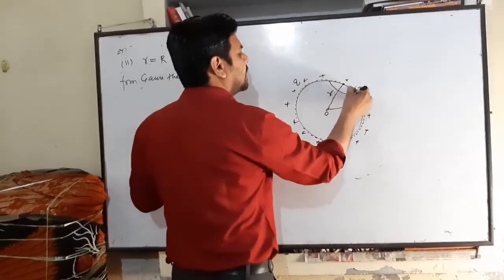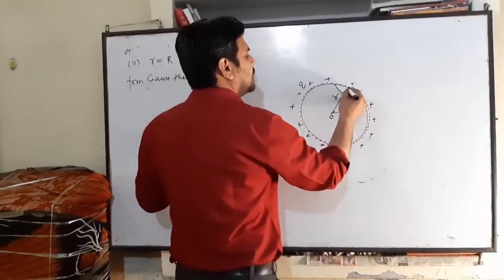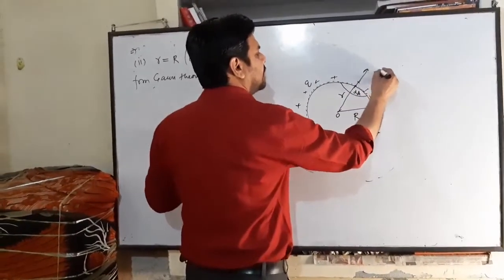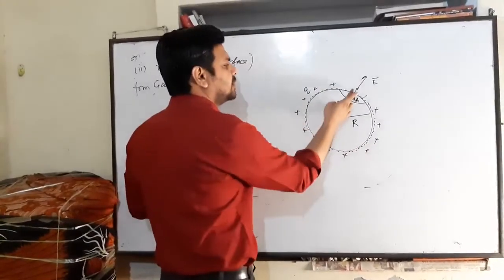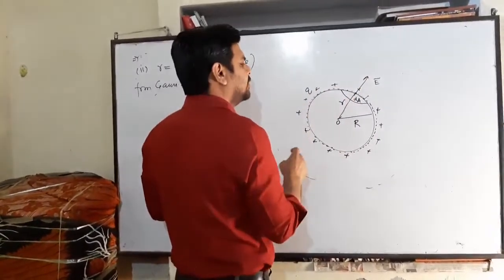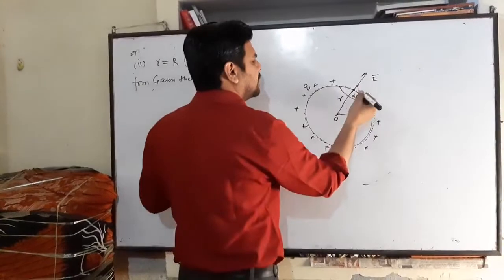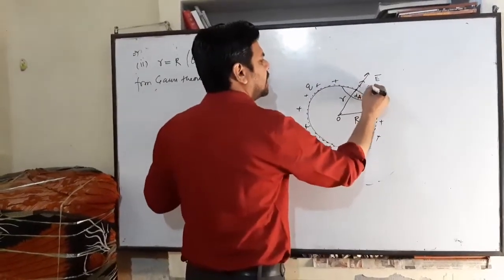Now consider a small area, draw the electric field. Electric field will be along this line in outward direction because we have positive charge, and draw the area vector.